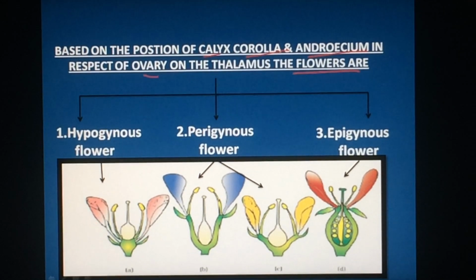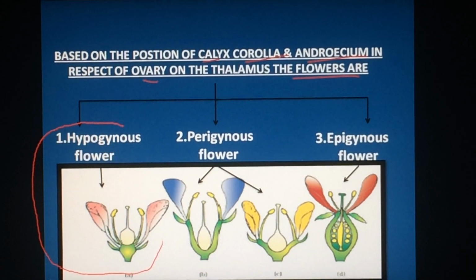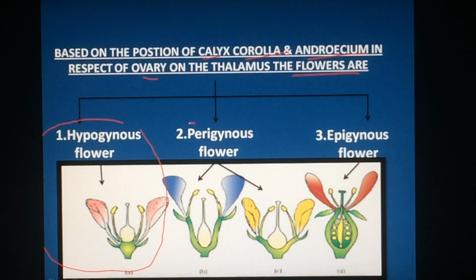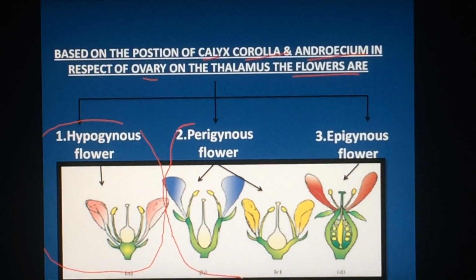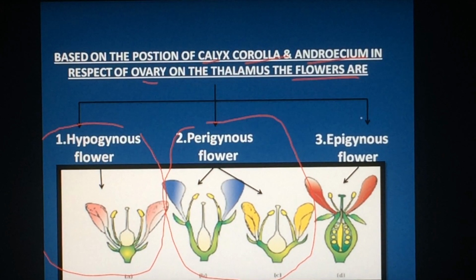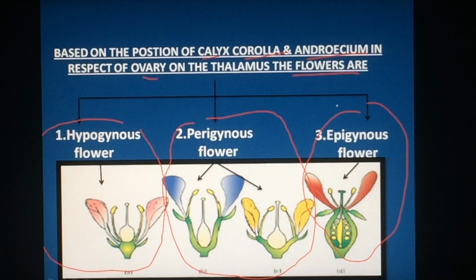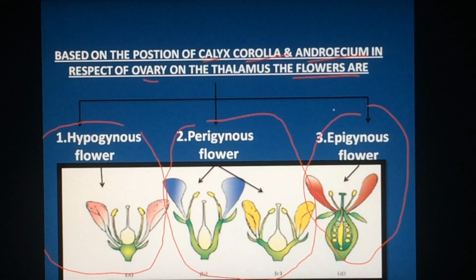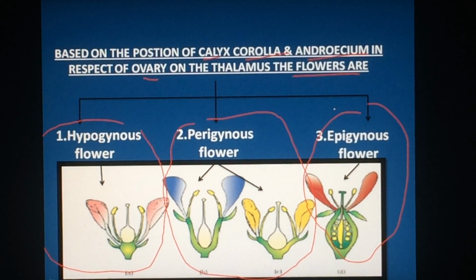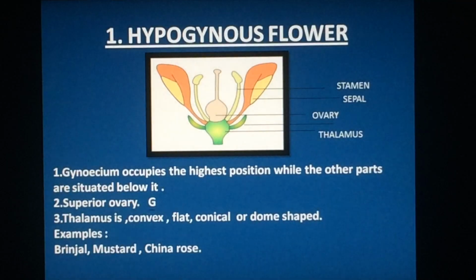Three types of flowers are there. One is hypogynous flower, then perigynous flower, epigynous flower. Diagram also you should be very much perfect in examination. Based on diagram also question can be asked.